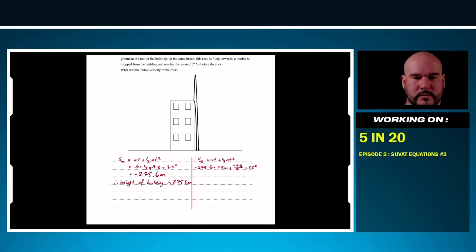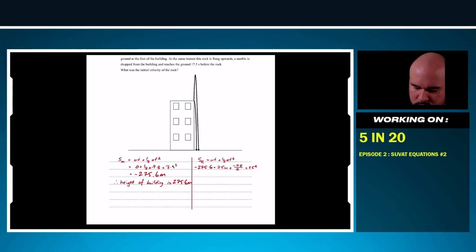This is saying it finishes 275.6 meters below where it started. It doesn't matter if initially it went up or initially it went down. Again, this is displacement, final position compared to initial position. It finishes 275.6 meters below where it started because that is the height of the building.